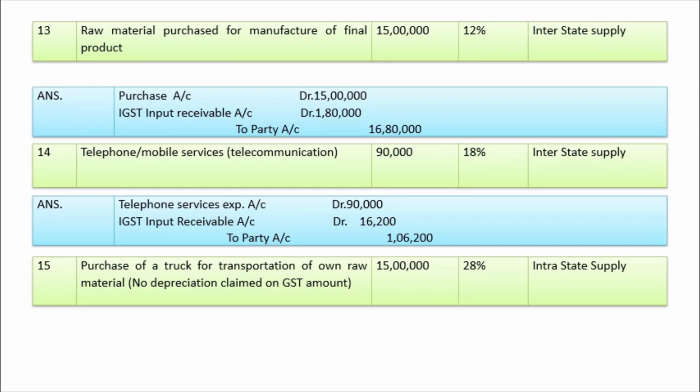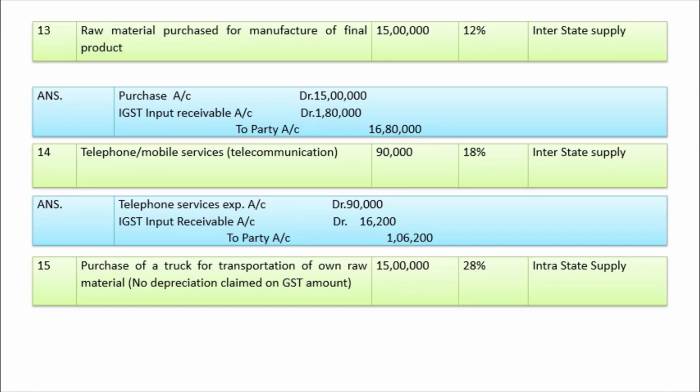So what entry can be passed in that situation? Whatever GST amount is there will be added into the cost price of the car. For example, if the cost price of the car is 10 lakh and GST is 1 lakh, then the entry is: car account debit 11 lakh to party account 11 lakh. That can be an entry.